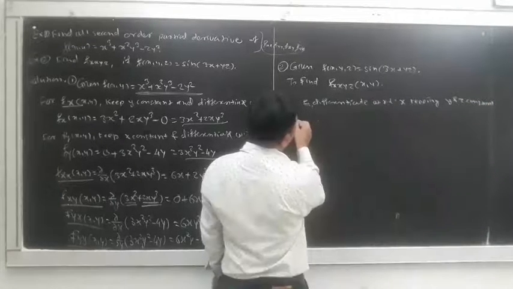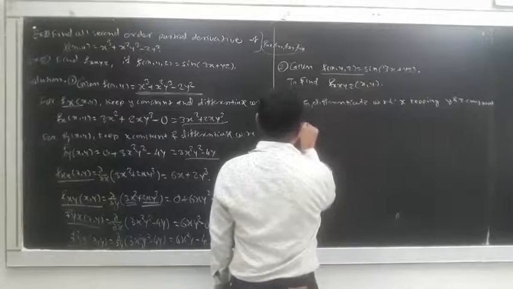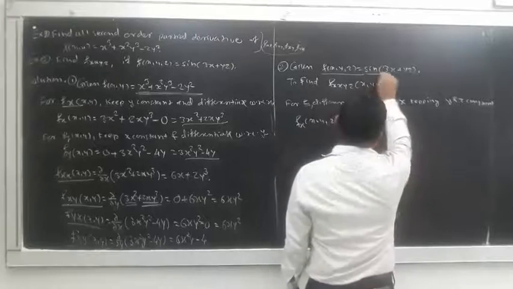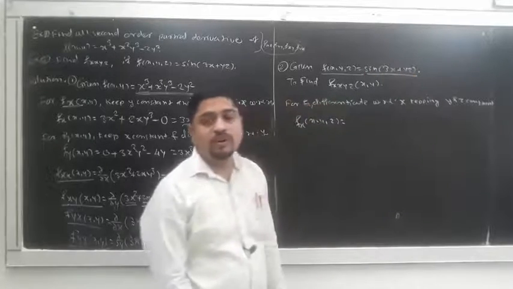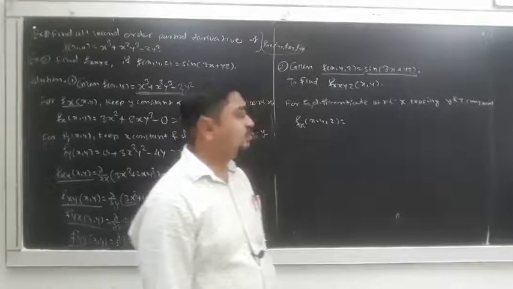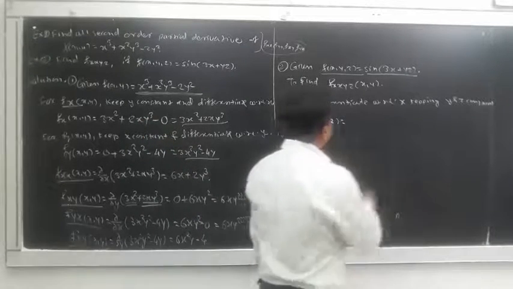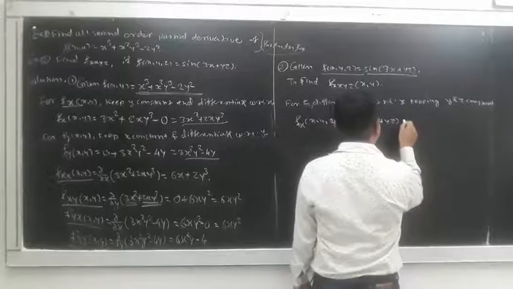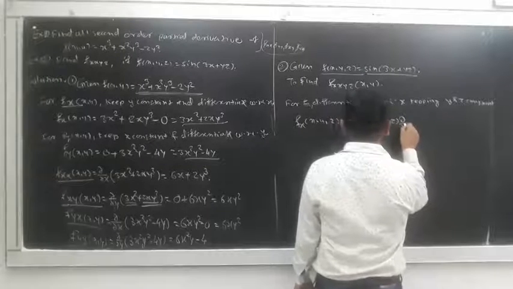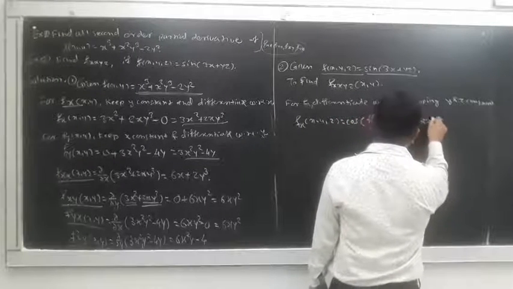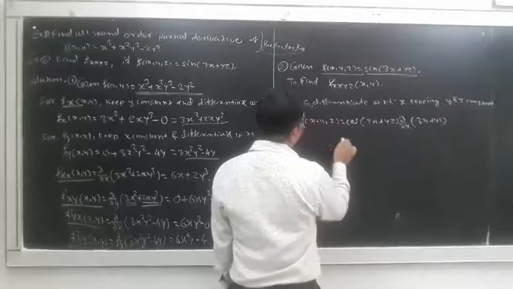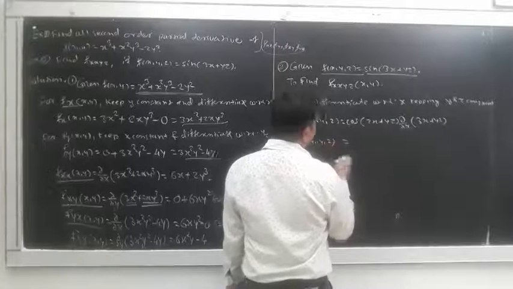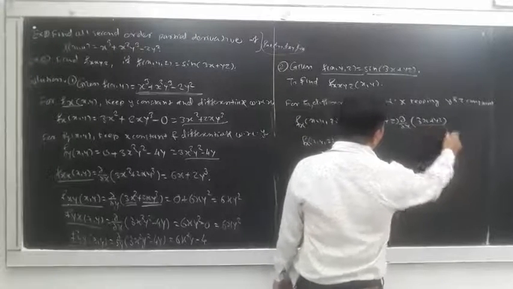So fx(x, y, z): for the derivative of sine, you have to use the chain rule, because sine is a function of 3x + yz. The derivative of sine is cos(3x + yz) times the derivative with respect to x of (3x + yz). So what is fx(x, y, z) equal to?